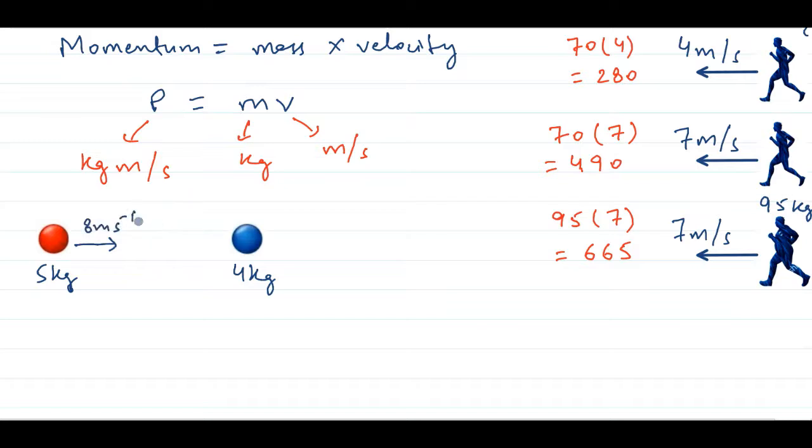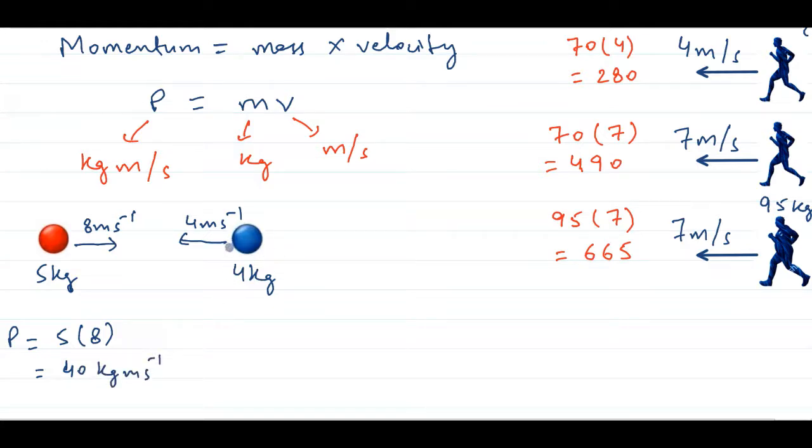The second one is moving towards left at 4 meters per second. Now, how do you calculate the momentum for the first one? You would simply say momentum is going to be equal to mass, that is 5, times the velocity, that is 8, which gives you 40 kilograms meter per second.